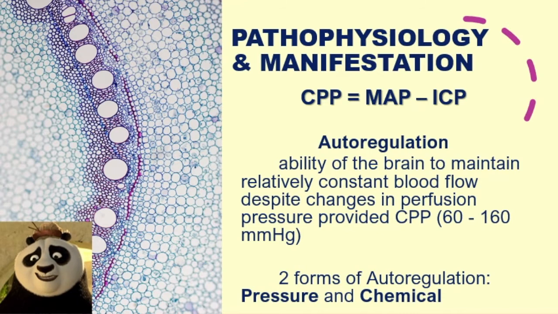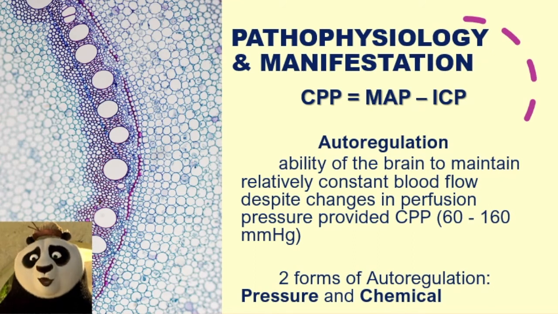Now, your cerebral perfusion pressure, or basically the amount of blood that can be accommodated or that can go inside your brain, is equal to your blood pressure minus your intracranial pressure. In other words, class, your intracranial pressure resists the blood pressure pumped from our heart.